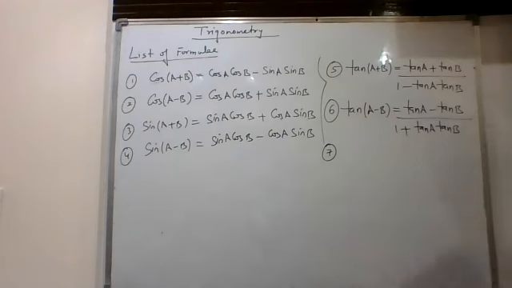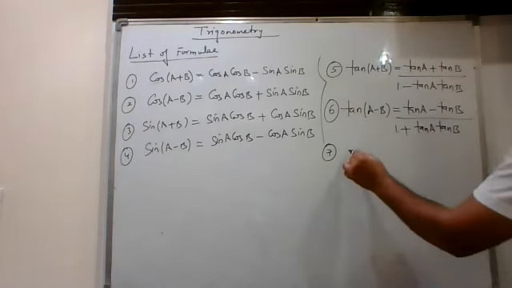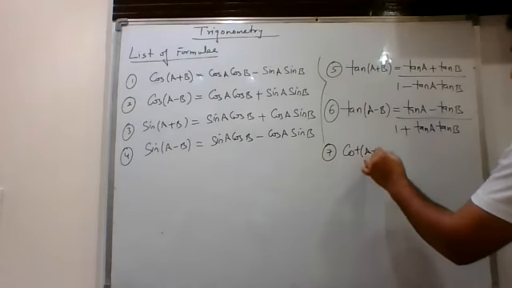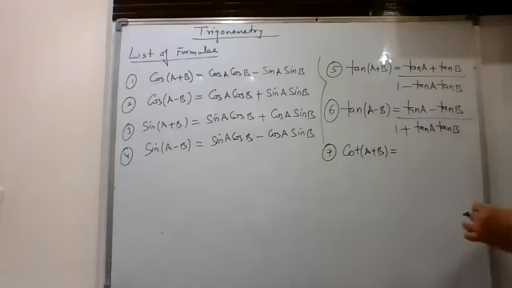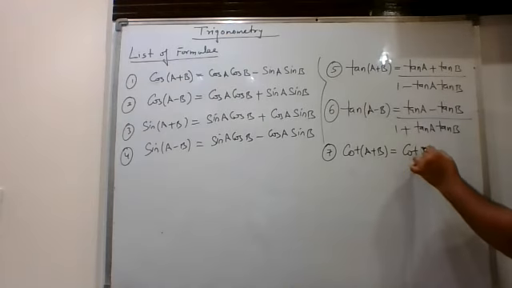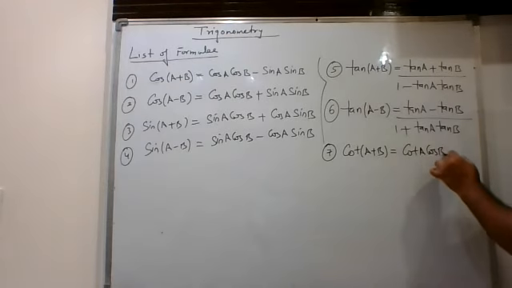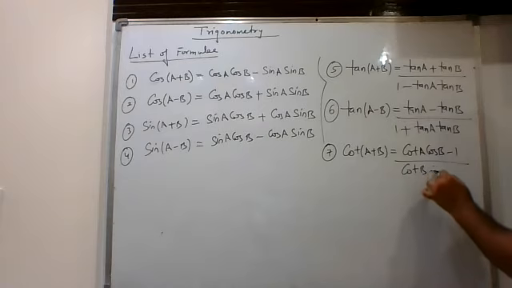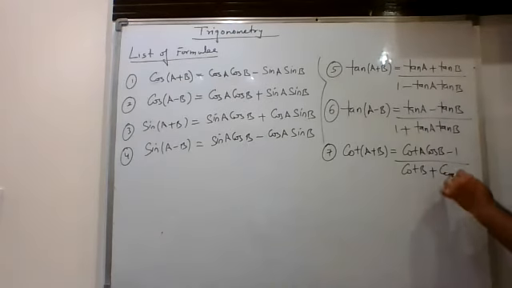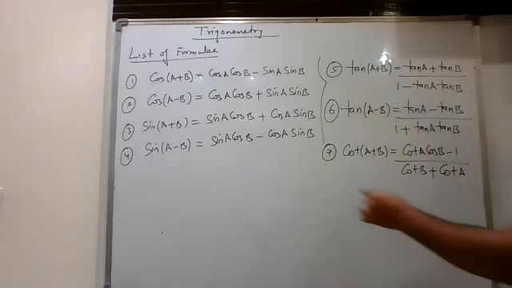After this, you can write down number 7 also, cot(A+B). Cot(A+B) is (cot A cot B minus 1) upon (cot B plus cot A).